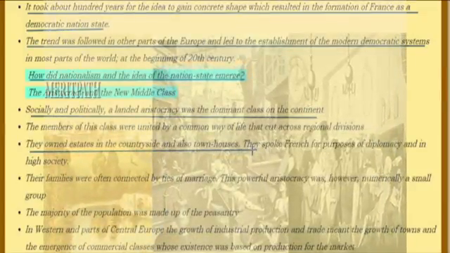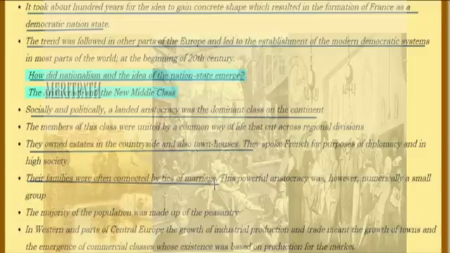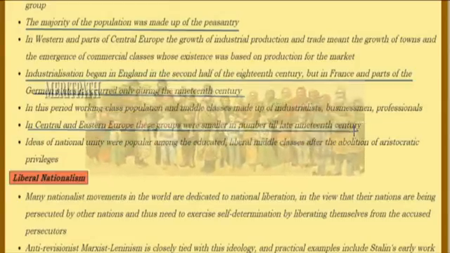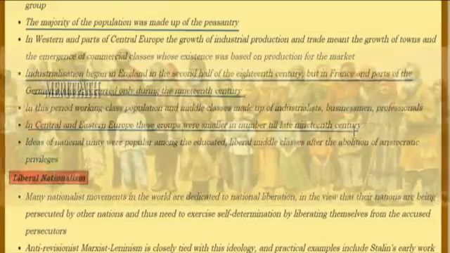They owned estates in the countryside and also townhouses. They spoke French for the purpose of diplomacy and in high society. Their families were connected by ties of marriage. Beside this powerful aristocracy, the majority of the population was made up of peasantry.